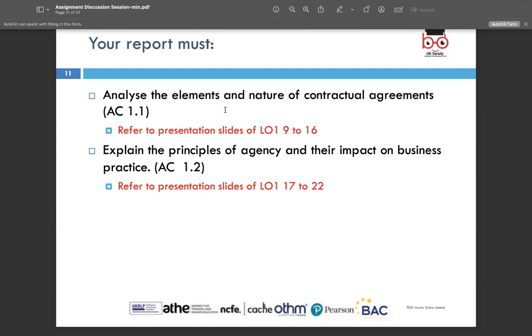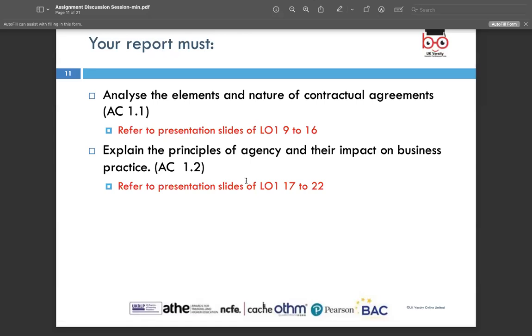So again, you refer to learning outcome one, presentation slides 9 to 16, for more details on the elements and nature of contractual agreements. Then explain the principle of agency and their impact on business practices. That's 1.2.